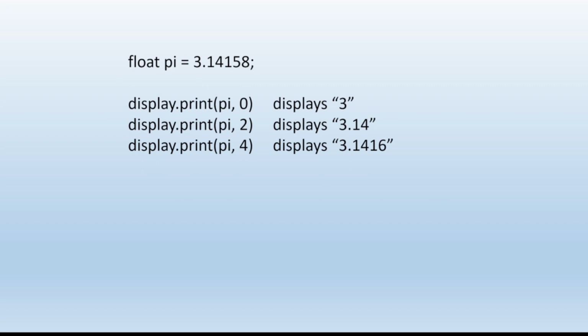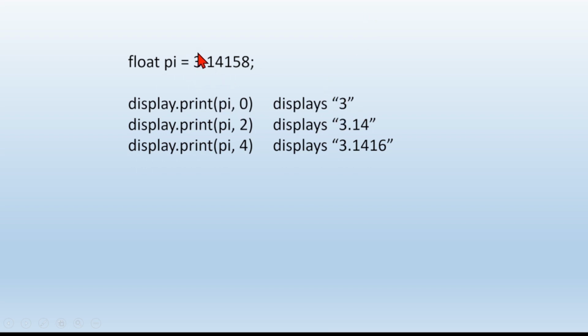We can also work with variables that have got decimal places using the float. So if the float, say pi, has a value of 3.1 blah blah blah, we can display it, as you see there, with the variable name followed by how many decimal places. If there's 0 decimal places, then it only displays the 3.